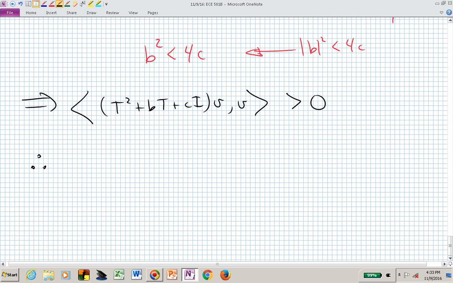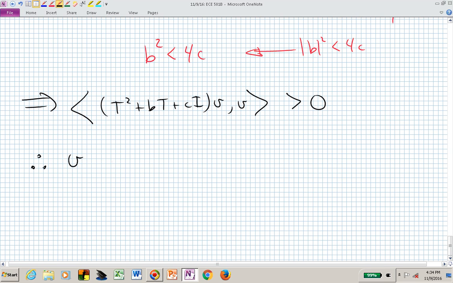Where does it live? The null space. So T squared plus bT plus cI doesn't have a null space, does it? If it did, then this expression would be equal to 0 for some choice of v. And this is true for all v, so we know that this map, T squared plus bT plus cI, doesn't have a null space.